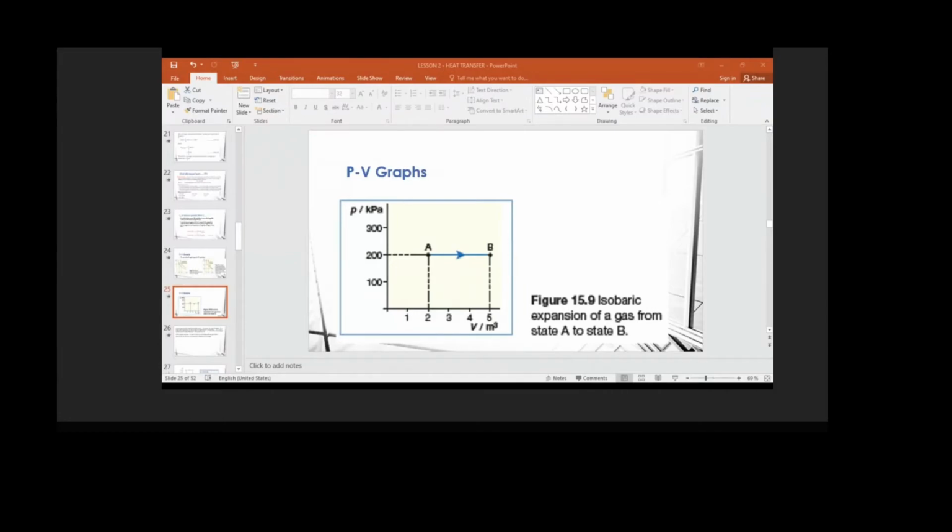Why is the pressure the same, even when the volume is increasing? Anybody want to take that on? What could cause the pressure to be constant when the volume is increasing?